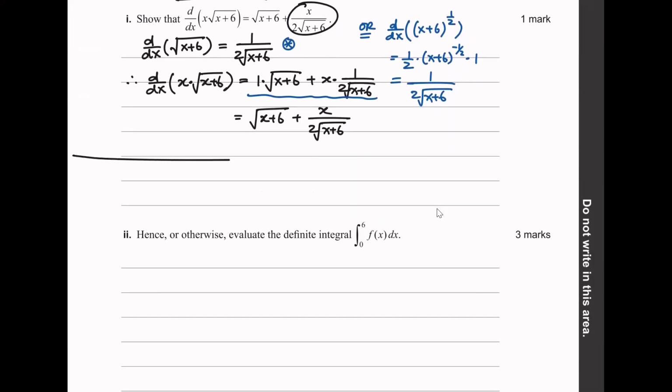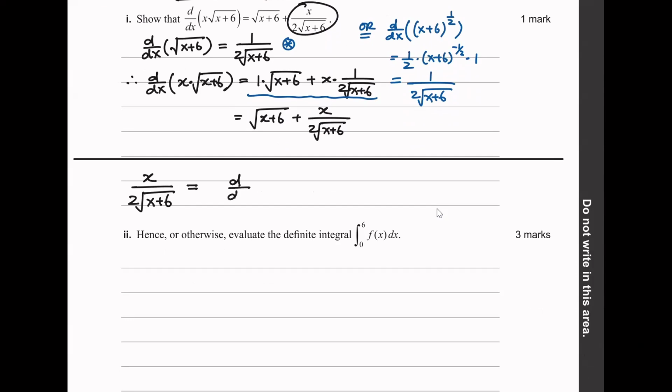So we say x divided by 2 root x plus 6 equals d dx of x times square root of x plus 6, minus square root of x plus 6. Just rearrange this relation.